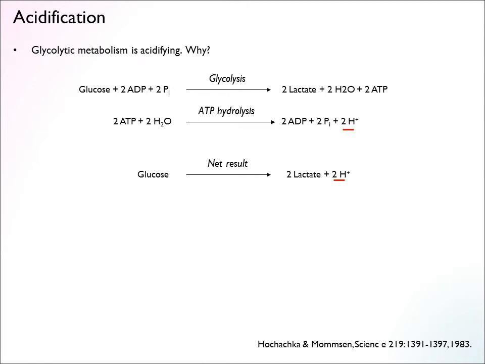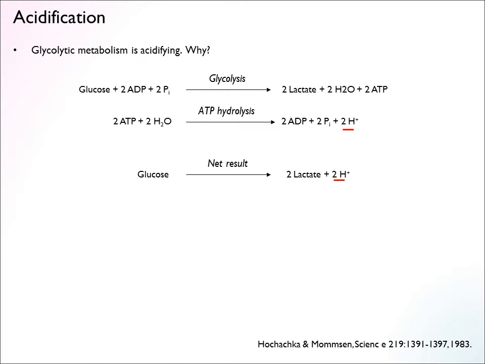If you do respiration, then it turns out that the respiratory chain can capture the protons that come from ATP hydrolysis. And so when you have oxygen available, metabolism is pH neutral. This has of course been ensured by evolution, because producing acid is not a good thing for an organism. But when it comes to anaerobic metabolism, there is really not much of a choice. So this is what happens.